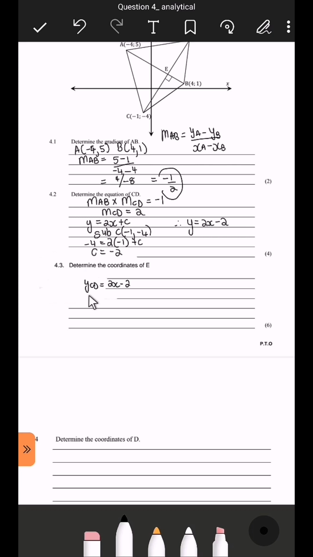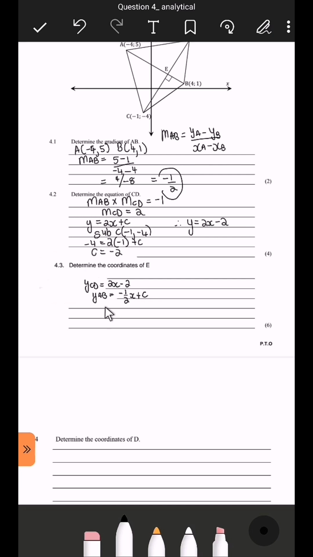What we need to find now is y of AB. According to 4.1, we've calculated the gradient of AB. So we have y equals mx plus c, and in terms of the m, we already have -1 over 2x plus c.